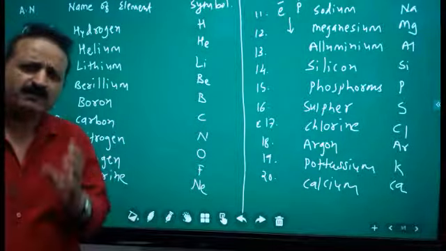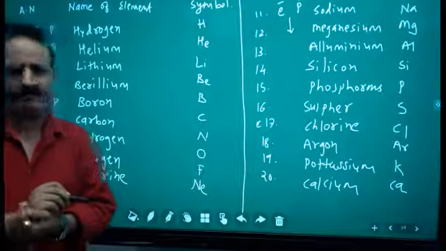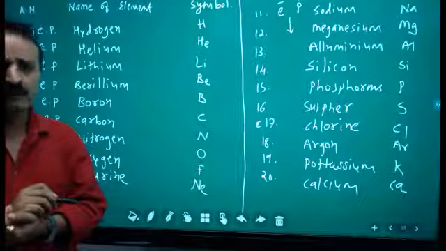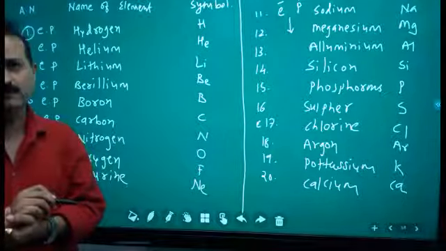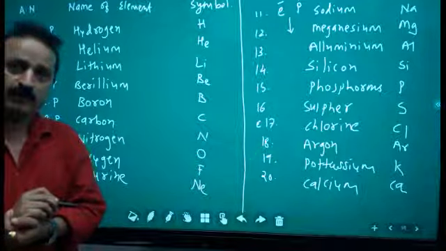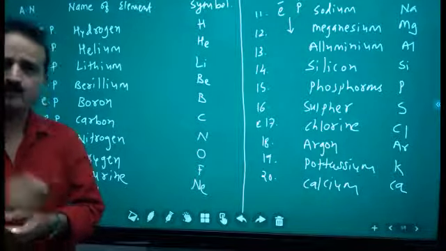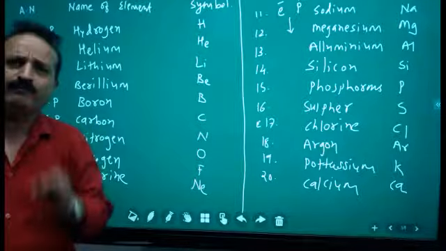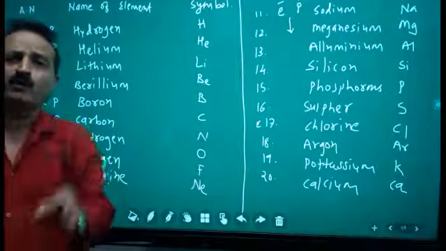So these are very important. You can say the definition of any element: the number of electrons present is the atomic number, the number of protons present is the atomic number. So the atomic number of any element depends on the number of electrons and protons present in it.